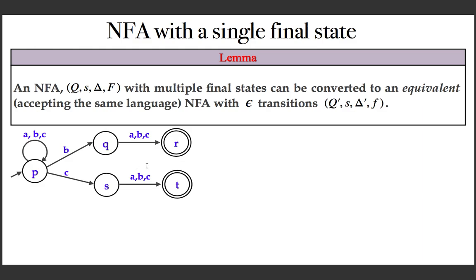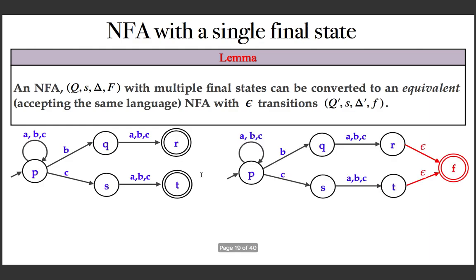Here is an NFA given which is having a single start state and two final states, and we are going to convert it into an equivalent NFA with only one final state. This is what we do. So what we did is that we added epsilon transitions to a newly added final state, and we removed the final state status of the existing final states.